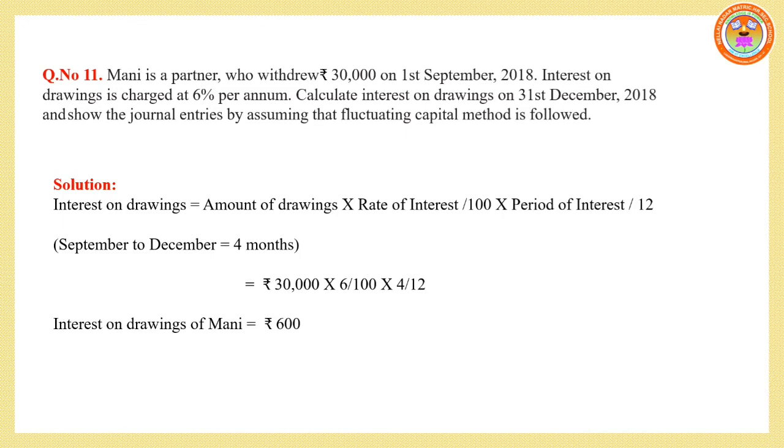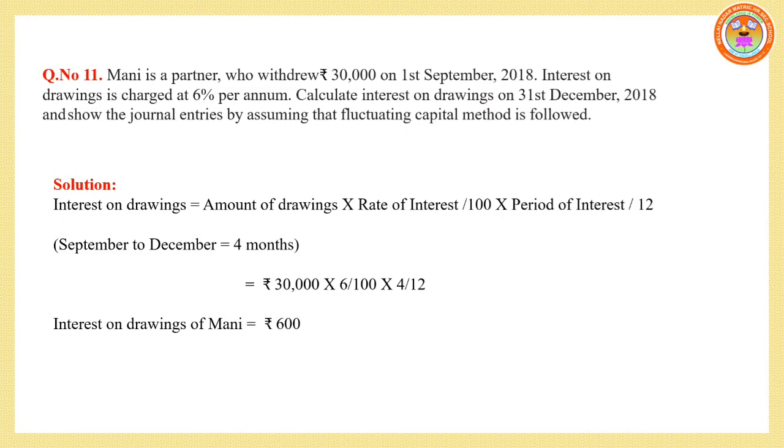So amount of drawings, how much has he withdrawn? 30,000 into rate of interest 6 by 100 into, so we have to do the month calculation. When did he withdraw the amount from the business? 1st September. Accounts are closed on 31st December. So from 1st September to 31st December, how many months? 4 months.